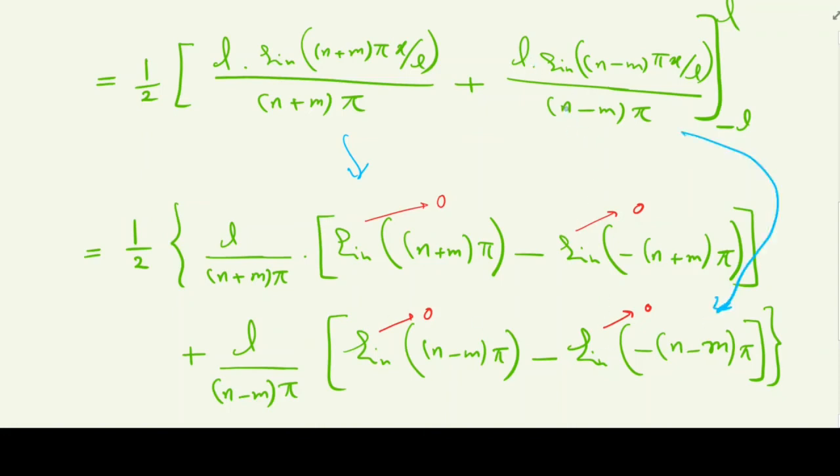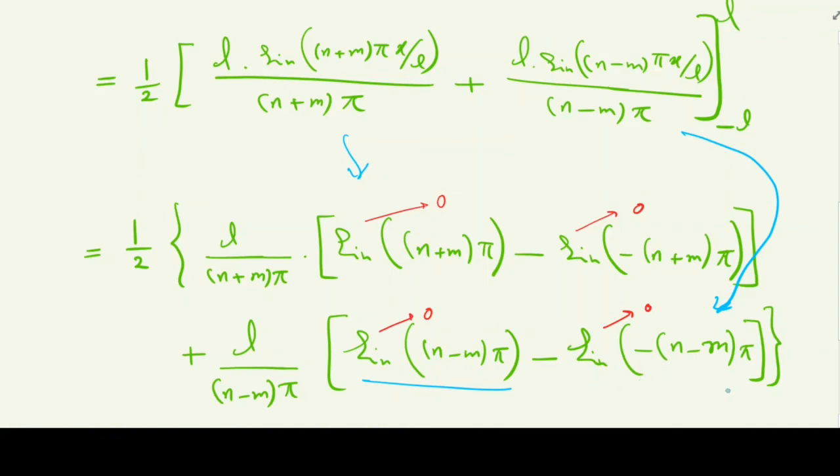For the second one, L over n minus m pi is kept outside. For the sine itself, you get two terms: substituting L gives sine of n minus m pi, since L cancels out, and substituting minus L gives sine of n minus m times pi times minus 1.